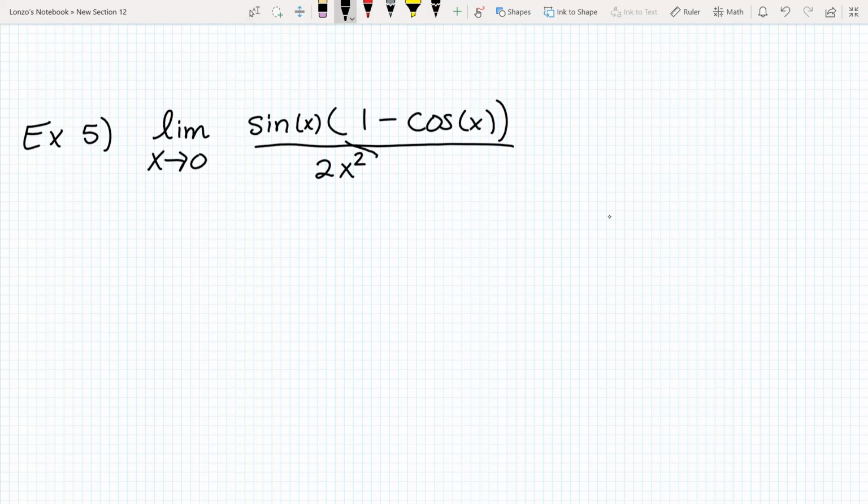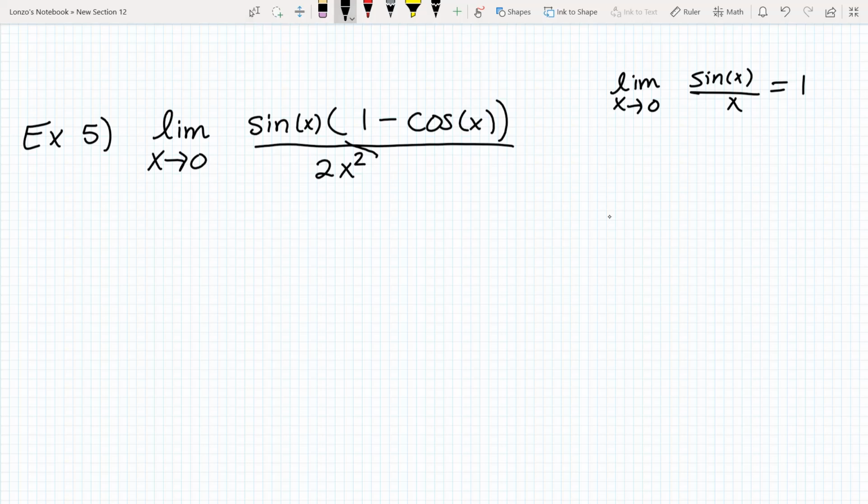So maybe we could use the trig limit, the limit as x approaches 0 of sine of x over x equals 1, right? There's two ways we could think of it.